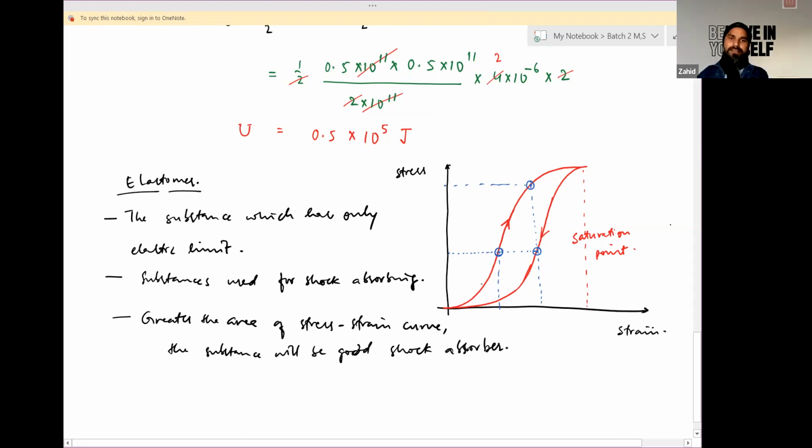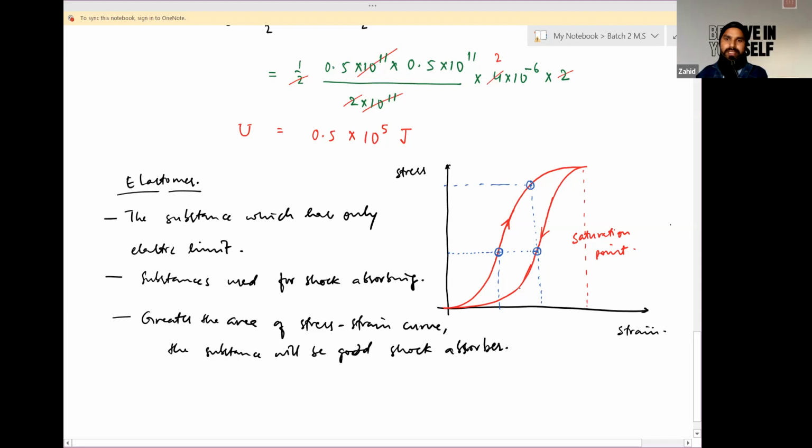And lastly, since in extension and compression they are not going along the same way, they are not proportional to one another, there is a lagging behind property of one with respect to another. While going up, stress is changing more rapidly as compared to strain, but going down, strain is changing more rapidly as compared to stress.